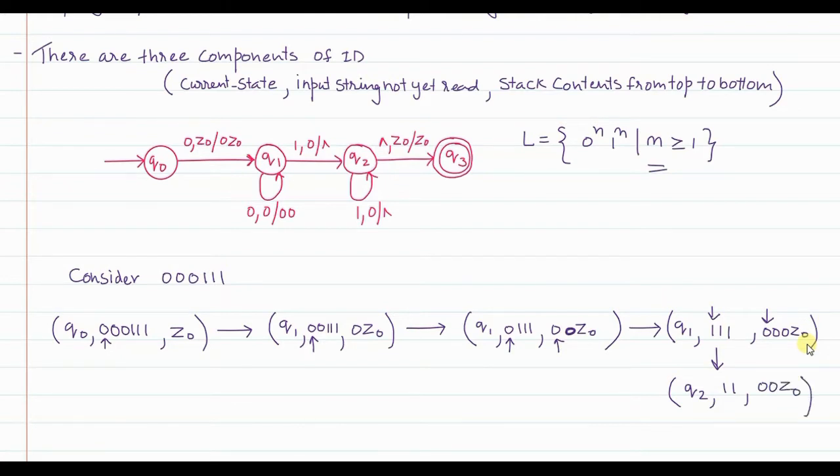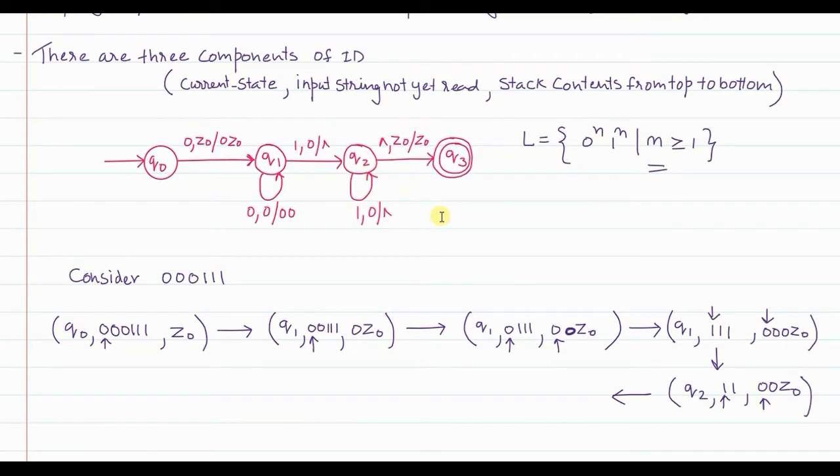Now, again, in Q2 state, when 1 is the current input symbol being read and 0 is the topmost element of the stack, again this 0 will be popped out of the stack and you will remain in Q2.